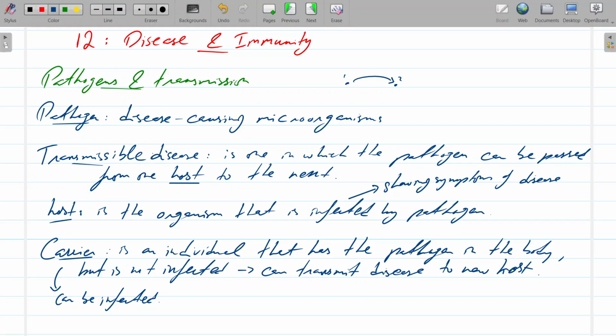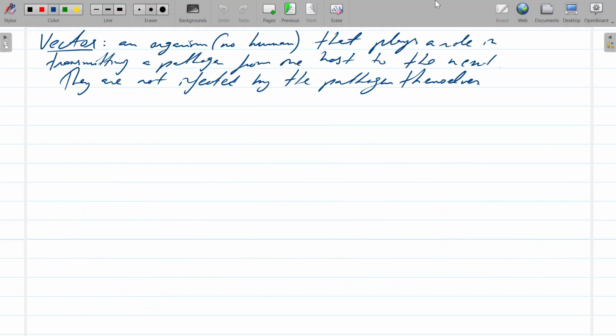Well, now it's happening. In the case of a vector, the vector is not affected by the pathogen at all. Its role is to transfer the pathogen from one host to the other, and that's it. The pathogen is not aimed towards infecting the vector, because the vector is important in the transmission.